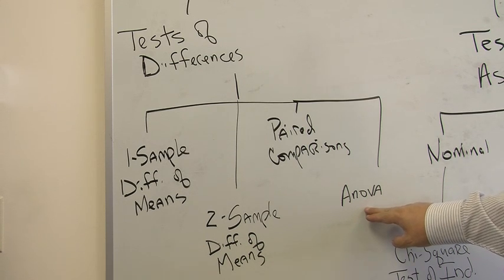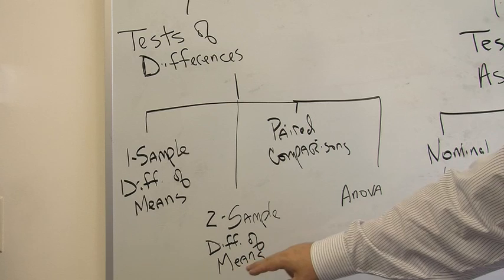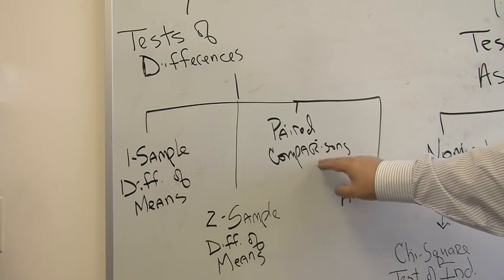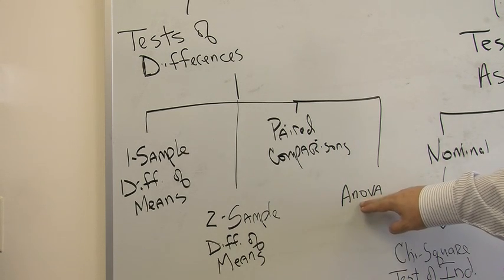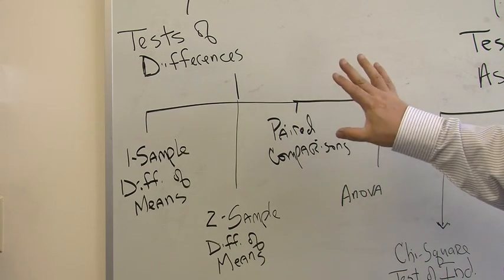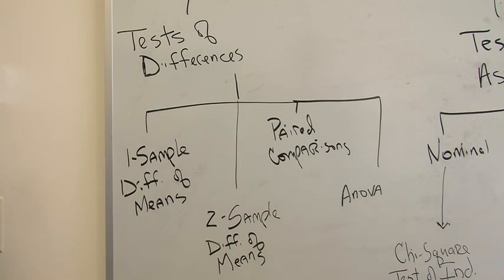When our nominal variable has only 2 levels, we're either going to do a 1-sample difference of means, 2-sample difference of means, or paired comparisons. When our nominal variable has 3 or more levels, we have to do ANOVA. Okay? So this is chapter 10, chapter 11. You should have it pretty well in hand.